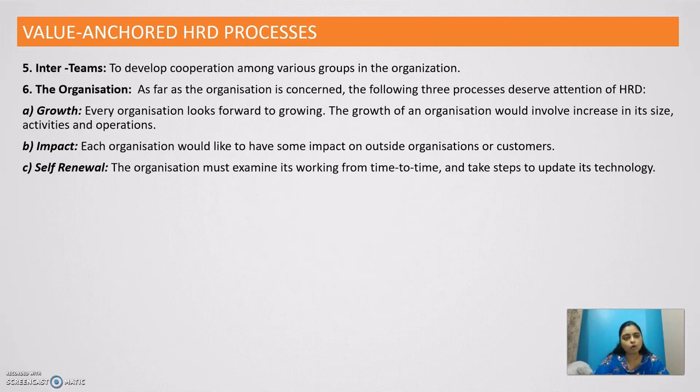For example, if there are 4 teams, then these 4 teams should work in cooperation with each other, so that their work collectively contributes to organizational effectiveness. Inter-teams includes cooperation among various groups, divisions, departments, functions, etc., so that they are able to work effectively towards common objectives.